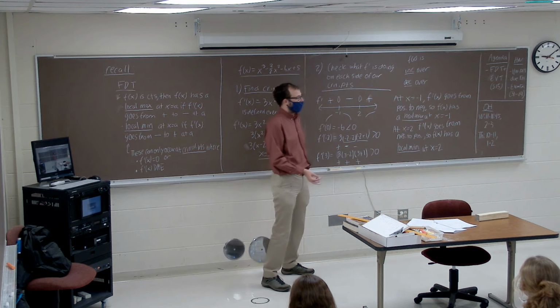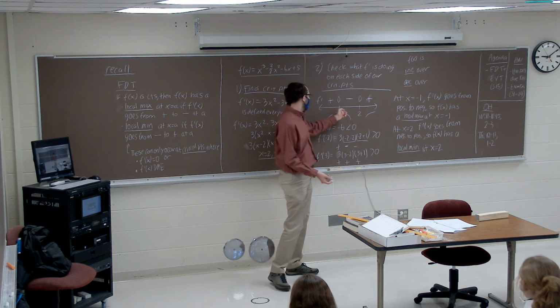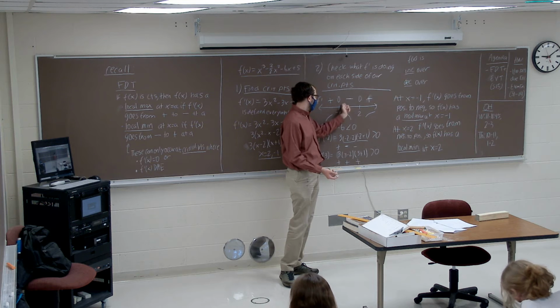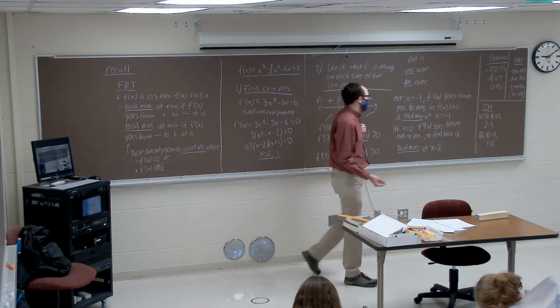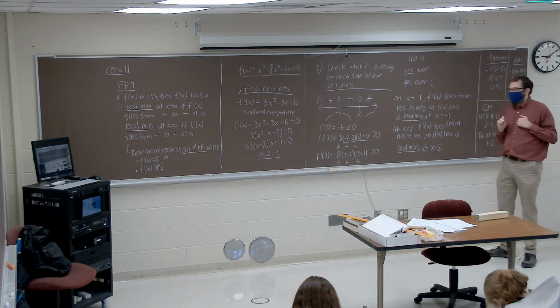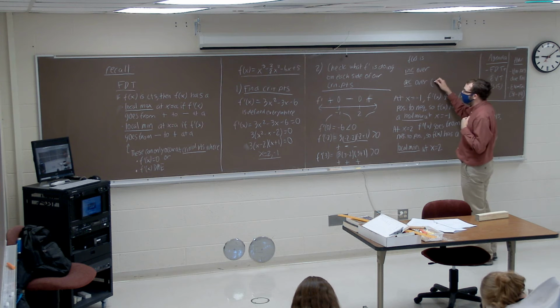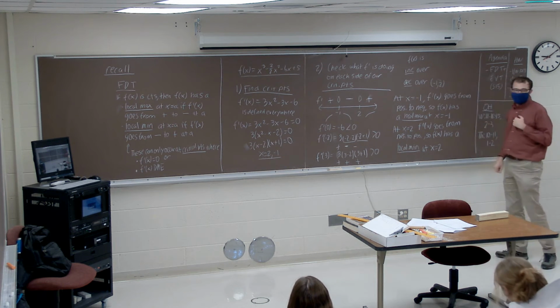Sorry, I said decreasing. Oh. It would be decreasing from negative 1 to 2 then. Yeah, I think it's going to be decreasing from negative 1 to 2 because that's where f prime is going to be negative. Sorry, I tricked you. I asked for decreasing first. It's going to be decreasing over the interval from negative 1 to positive 2.